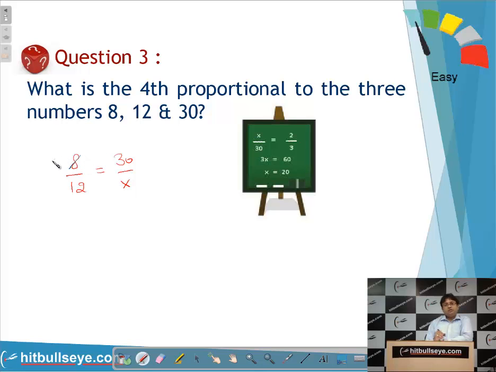Now we could cancel out the values: 4 goes into 8 two times, 4 also cancels 12 with 3, 2 cancels 30 with 15, and we get the value of x as 45, which is our desired result.